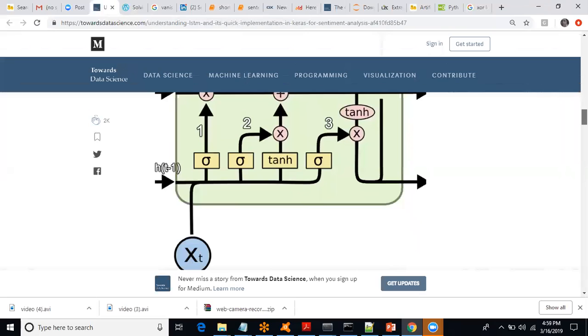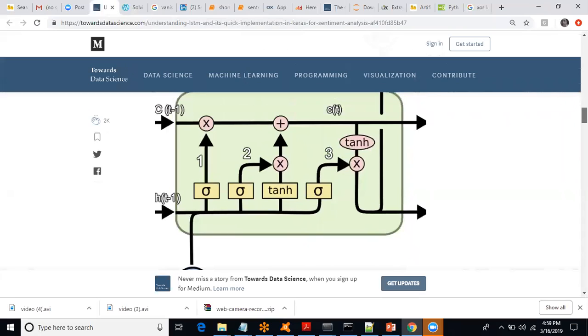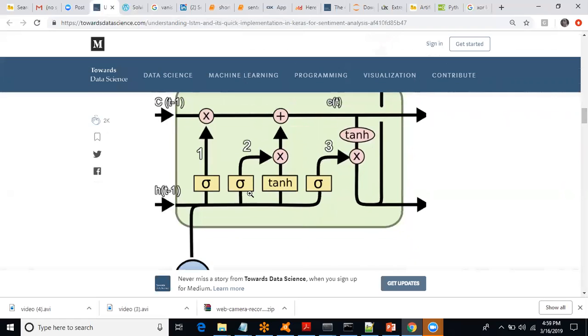Then what is the use of the sigmoid function? The tanh is deciding that. What is the use of the sigmoid function? Which one, this one or this one? Both, sir. In the first case you are saying the sigmoid is removing the unnecessary information. All the previous information cannot be carried to the next, right? Hello, how are you? May result in good, doing good. I am doing good may not be required.